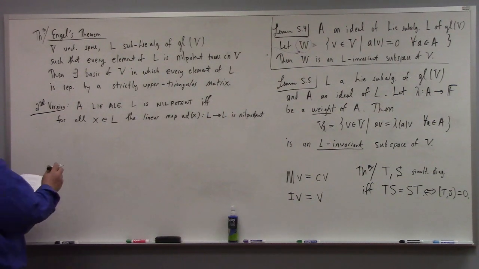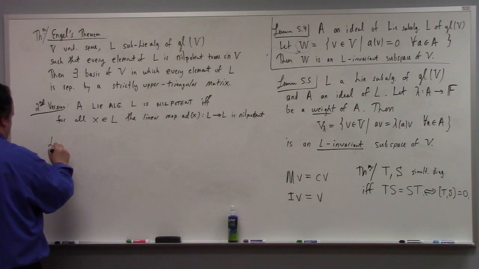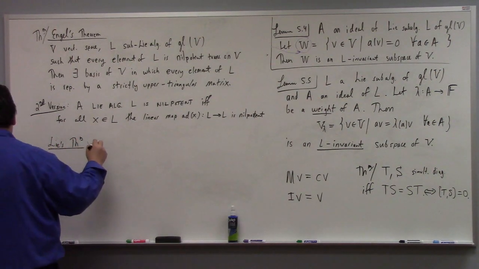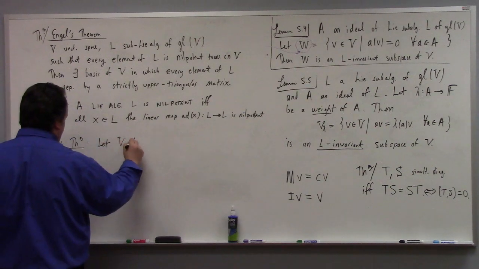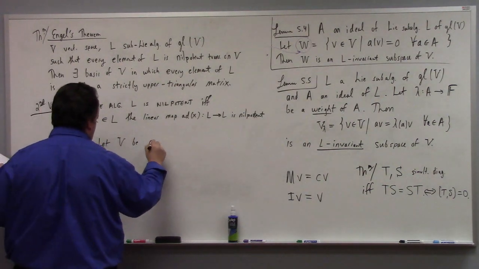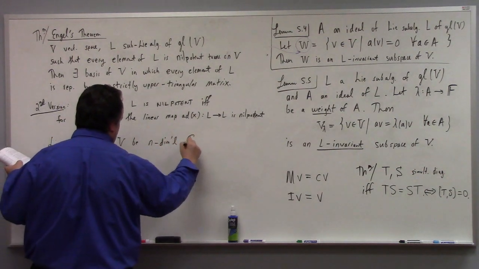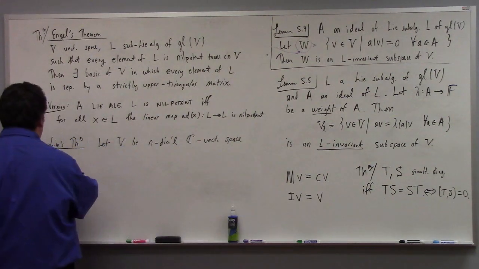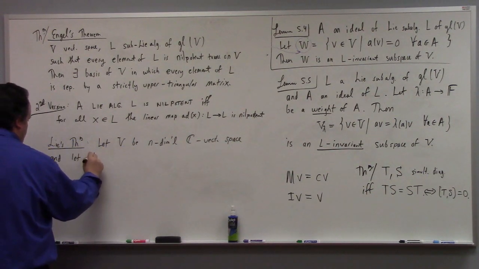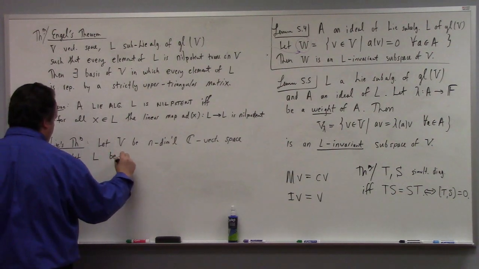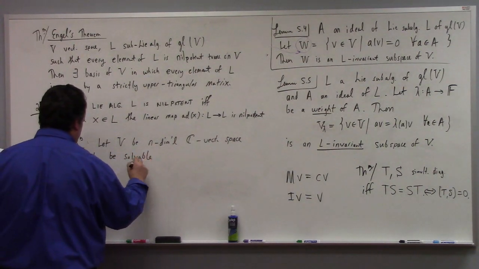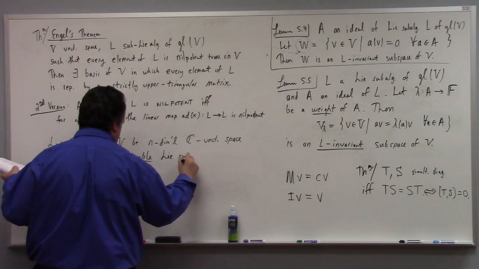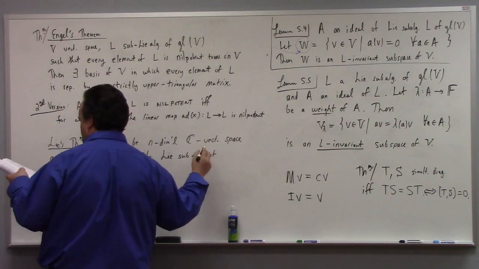All right. So what's Lie's theorem? Lie's theorem says the following: let V be an n-dimensional complex vector space, and let L be a solvable Lie subalgebra of gl(V).